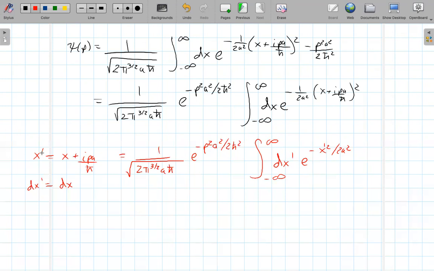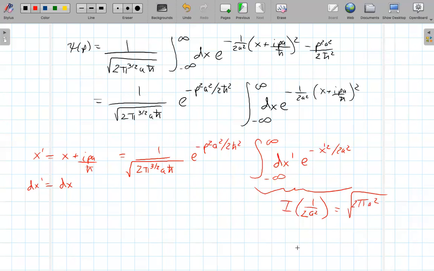By making this substitution, basically a u substitution, I've turned this ugly looking integral into simply another Gaussian integral, which depends on 1 over 2a squared. The value of this integral is simply the square root of pi divided by 1 over 2a squared, so this becomes 2a squared on top.